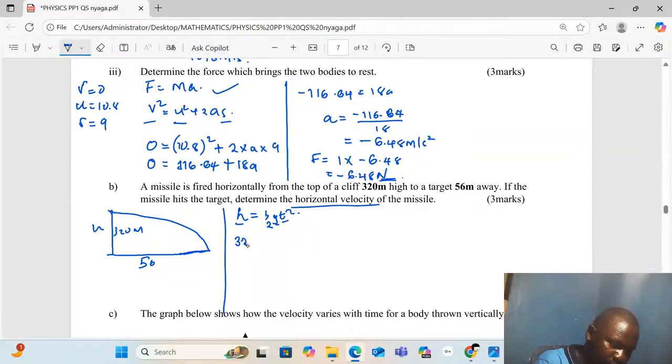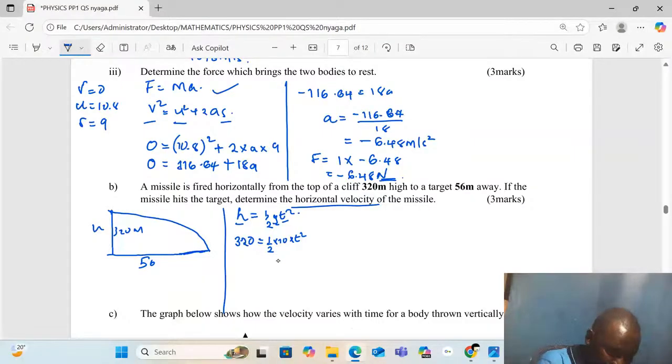So 320 will be the same as half times 10 times t squared.